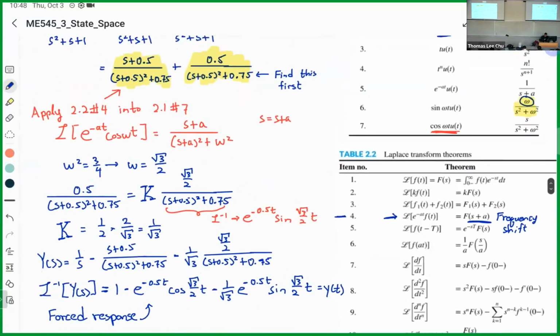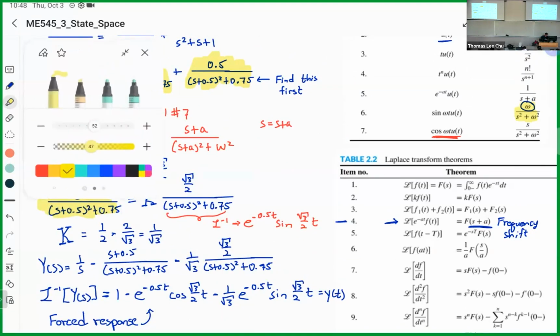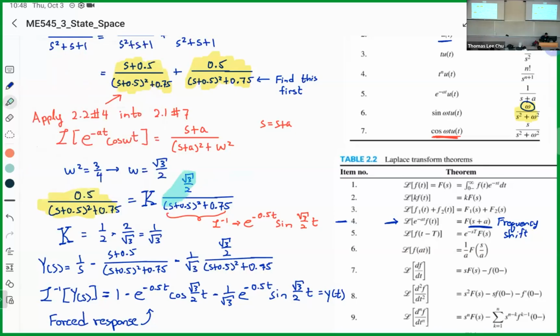So basically what I'm trying to do is, this is what we have on the left, and then this blue one is what we want. The reason why we want that is because this is omega and this is omega squared, which is what we want here. We want omega in the numerator and omega squared in the denominator.